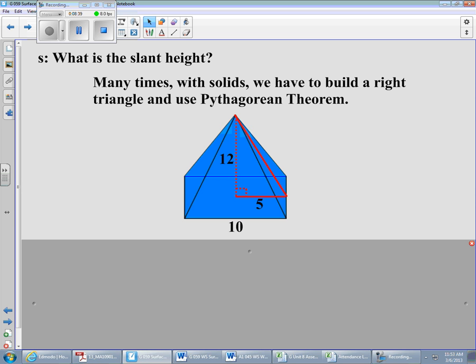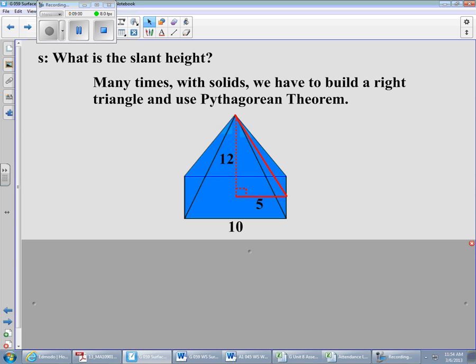Simply speaking, it's half of the side of the base. So the 12 on the height was provided for us. The 5 was easy enough because we knew the entire side length of 10. And there's your lateral height sitting out there. So we've got enough information to do the Pythagorean theorem.